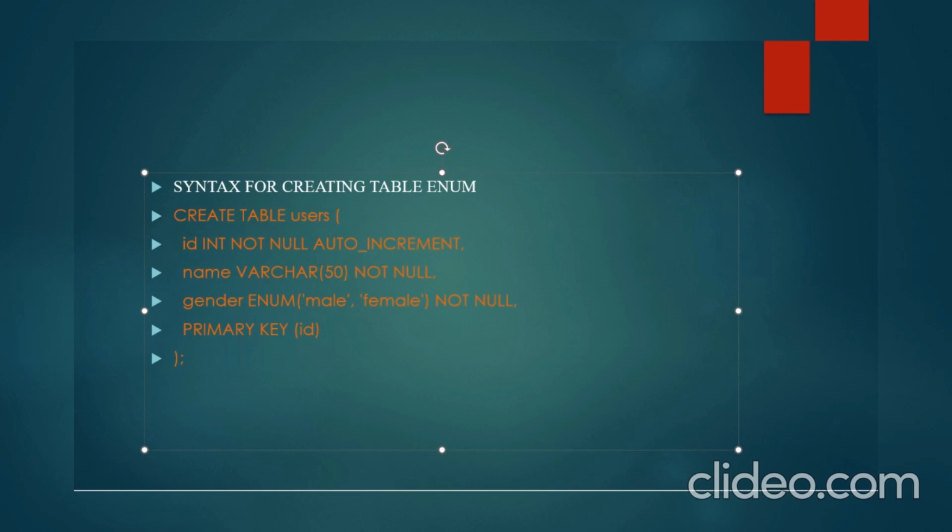The id is the integer data type and the primary key of the table users, and name is a varchar data type. In this table, the gender column is stored as enum, and I told you that the list of values is stored inside parentheses. Here the list of values for the users table is male and female. That's all.